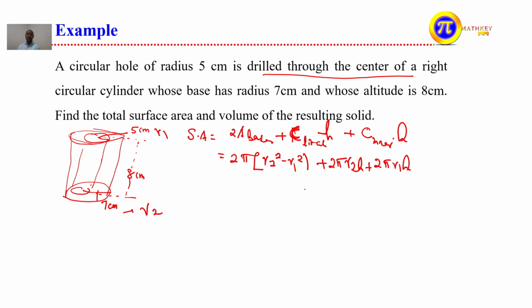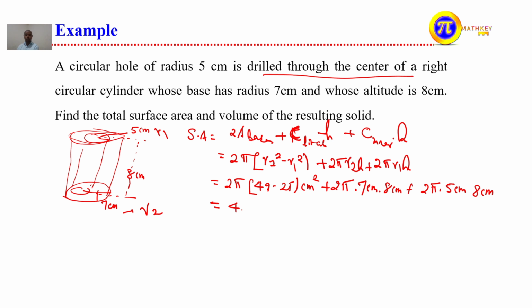Taking this, 2 pi times (7 square, which is 49, minus 25) centimeter square, plus 2 pi times 7 centimeter times the height 8 centimeter, plus 2 pi times r1, that is 5 centimeter, times the same height 8 centimeter. So 49 minus 25 is 24, and 24 times 2 equals 48 pi centimeter square.